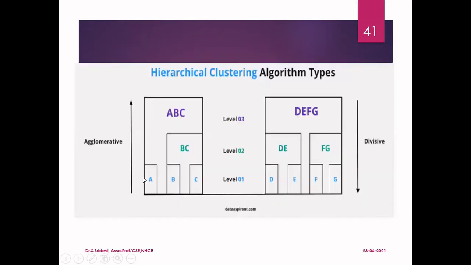Next I will combine A with BC, and I'll get ABC. So I now have three levels in this clustering. If you consider the other one, divisive, you are going to start from the top and divide it. DEFG is first divided into DE and FG. Then these are divided into D and E separately, and F and G separately. So individual clusters are now formed.